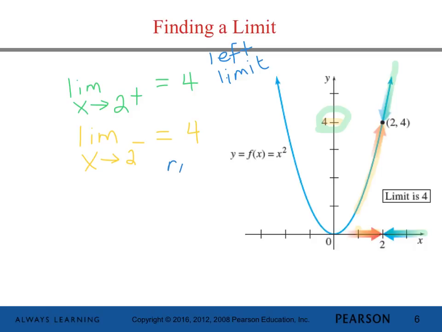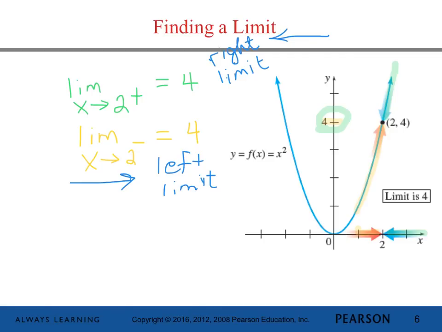I'm sorry, I said that backwards. Let me try again. This one is called the right limit because you're approaching from the right, from the positive side. This one is called the left limit because you're approaching from the left.